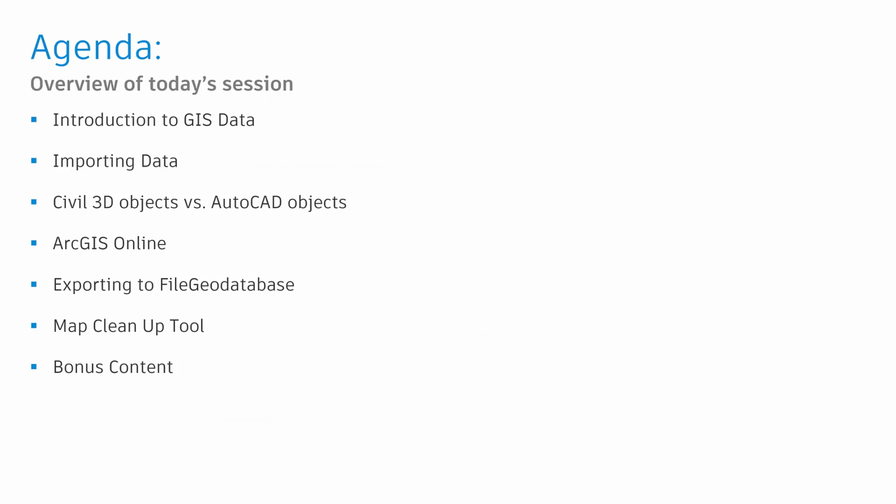We're also going to talk about the map cleanup tools, which are a not very well-known tool that is very helpful when you're trying to process your data and make sure that it is clean and ready to be shared. And then also, if we have time, because I tend to talk very fast, we do have some bonus content potentially that we can talk about.